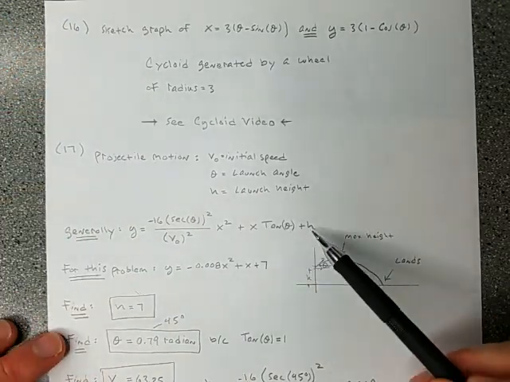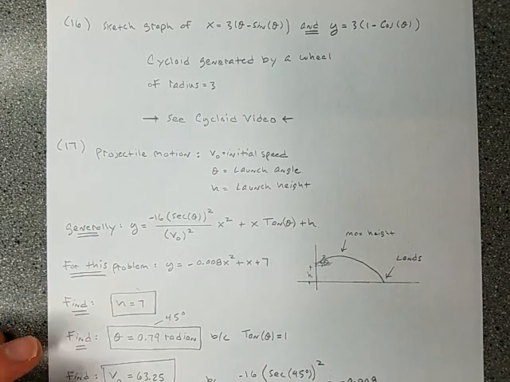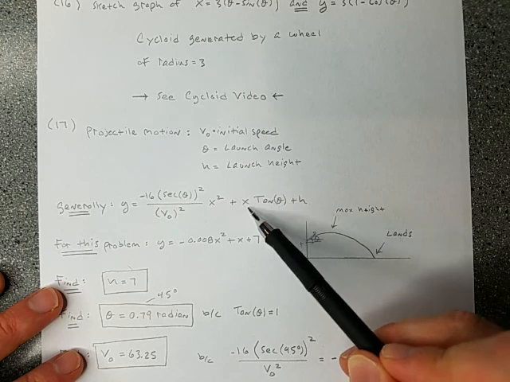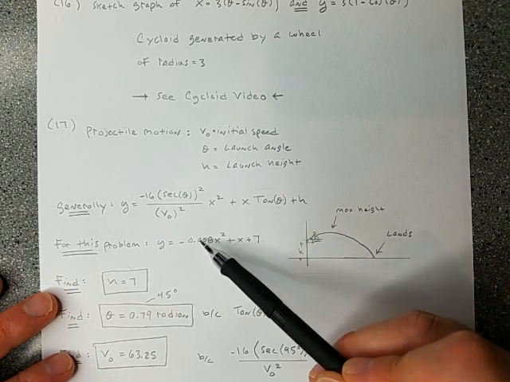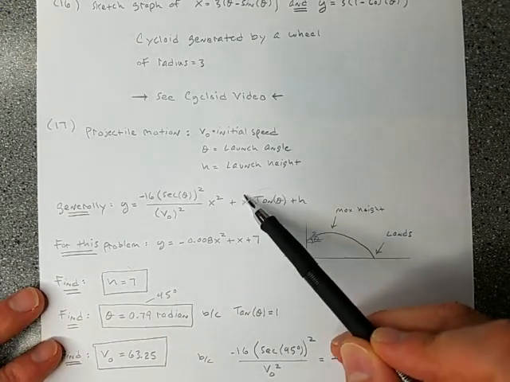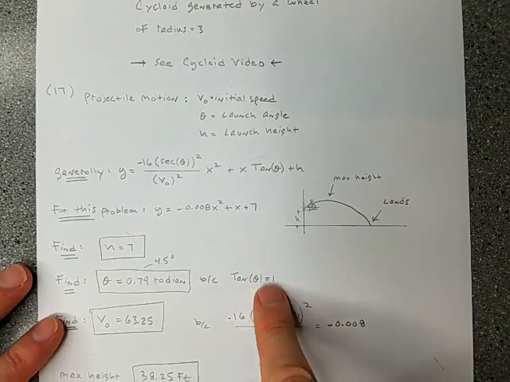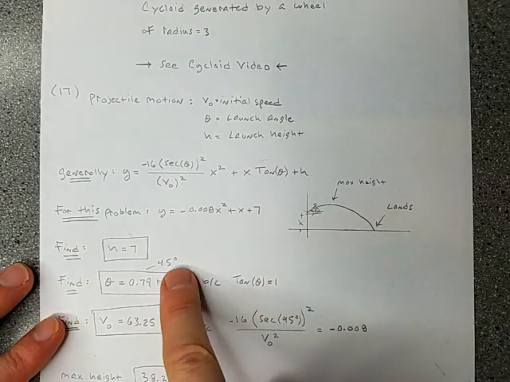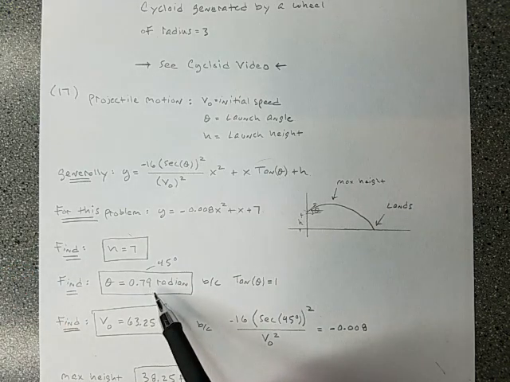So right off the bat, h has to be 7. What else? Well, this has to be 1. If these are supposed to match and be equivalent to each other, tangent theta, this coefficient of x, needs to be 1. If tangent theta is 1, theta is 45 degrees. If you want it in radians, 0.79 radians.